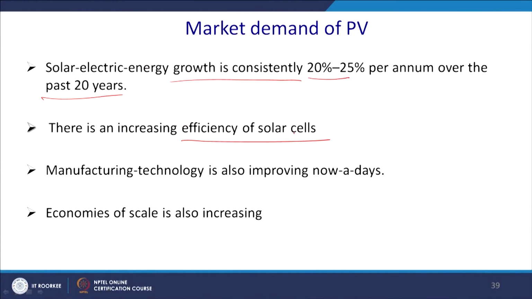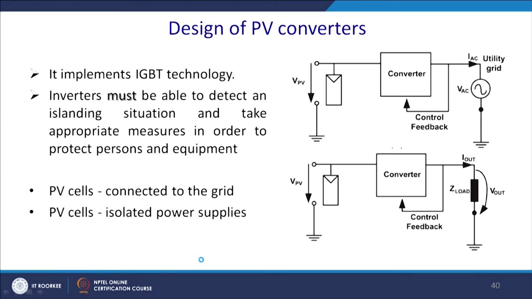The European Union has now saturated, so it is the turn of developing countries like India, Bangladesh and others to catch up, and we should harvest as much power from the solar as possible. There is also increasing efficiency of the solar cell, research is going on, and ultimately we get a solar cell with higher efficiency. Manufacturing technology is improving nowadays, and economies of scale are also increasing very fast.